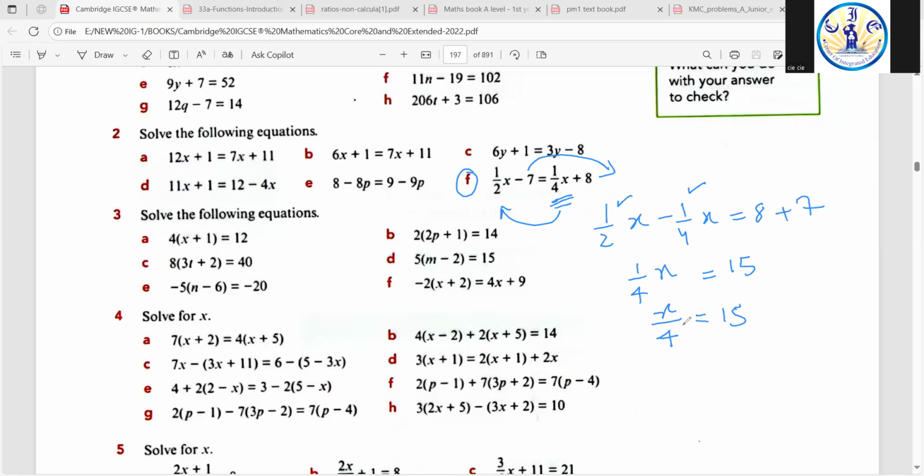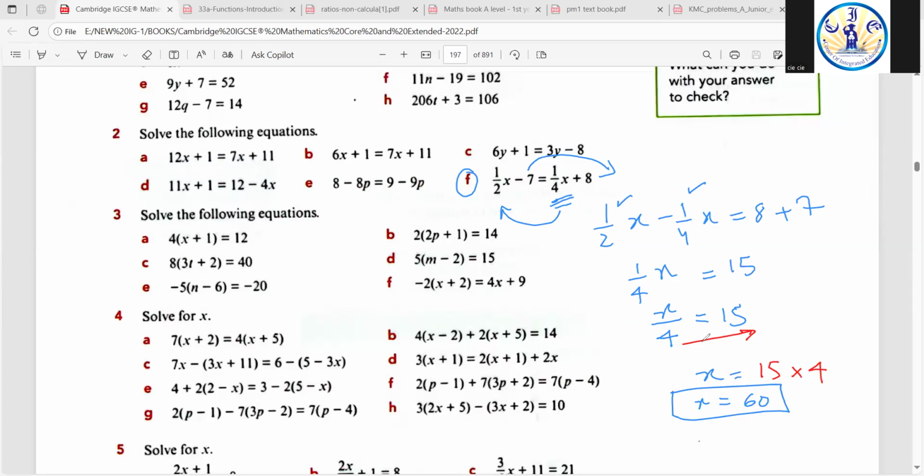So I need to shift this 4 to the other side of the equality, and as I told you earlier, a number that is being divided, or that is in the denominator, when shifted to the right side, will go to the numerator. So 15 times 4, and the value of x would be like this. This is 60. So this is how we solve it.